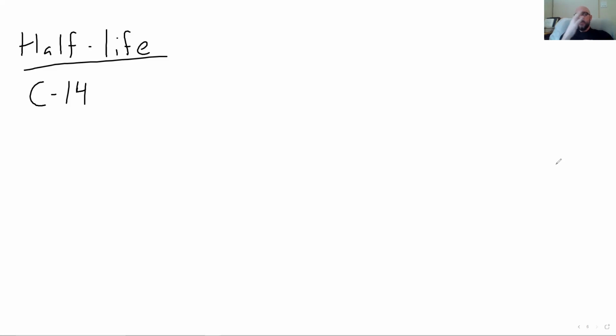What this means is that there's a fixed time by which about half of them will have done this, called the half-life. So half-life is the amount of time that it takes for half of something to decay away, in this case, a radioactive element. Carbon-14 is a radioactive element.